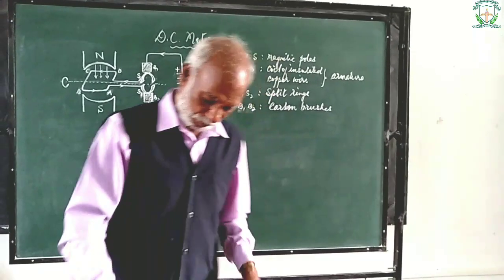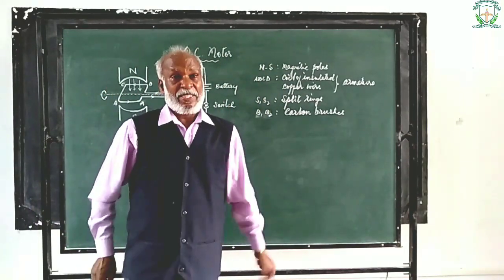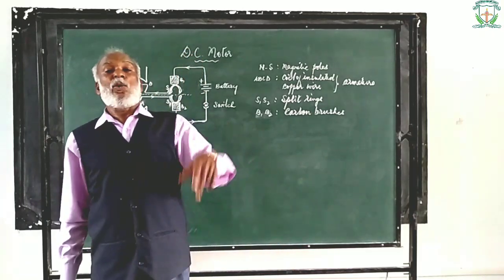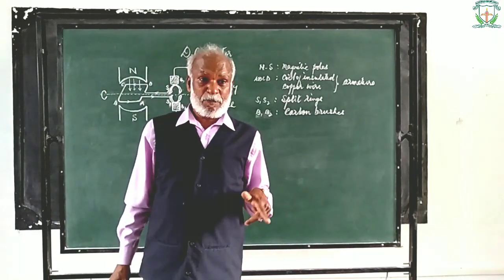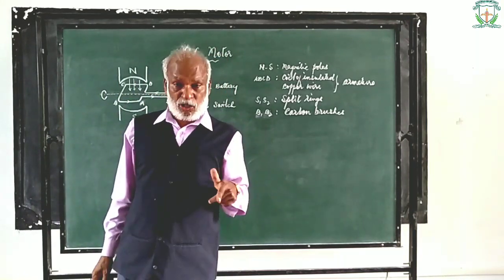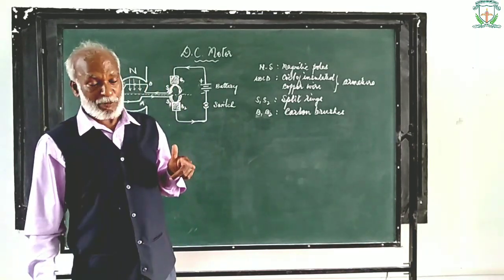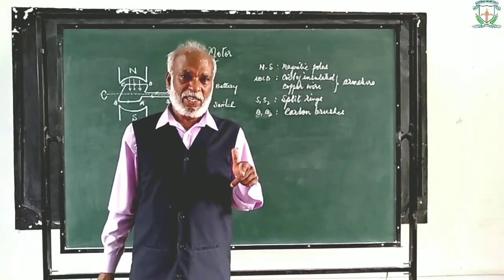Okay. A quick recap. First point is the motor rule, or Fleming's left-hand rule. The mechanical force acting on a current carrying conductor can be found using Fleming's left-hand rule.